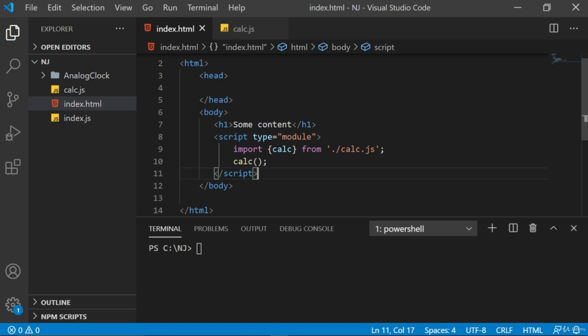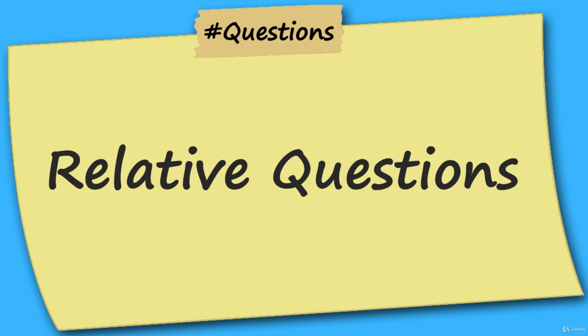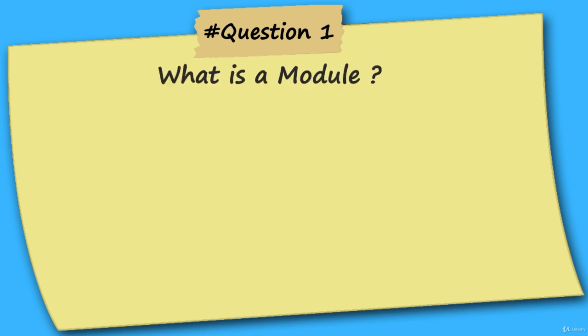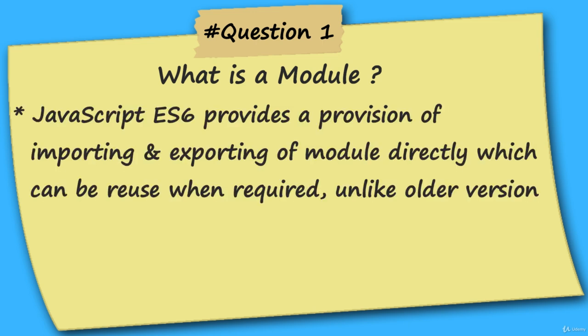So this was the basic syntax. Now let's talk about the related questions on this topic. The first question is, what is a module? When we say a module, that means you have a provision in the newer version, ES6. We also had provision in older versions, but there were no direct import or export statements.